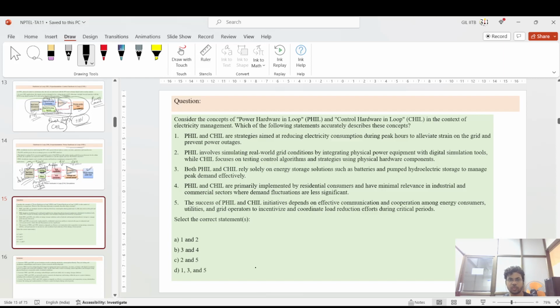You have a couple of minutes to solve this question. If you have any doubt in between, just let me know.